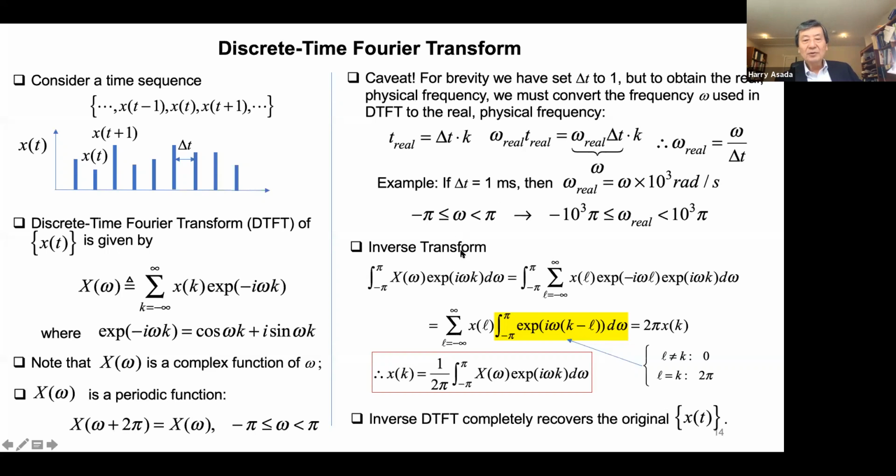Now, the inverse transform. You know that with the Fourier transform we don't lose any information, so we can recover the original sequence from the discrete Fourier transform.